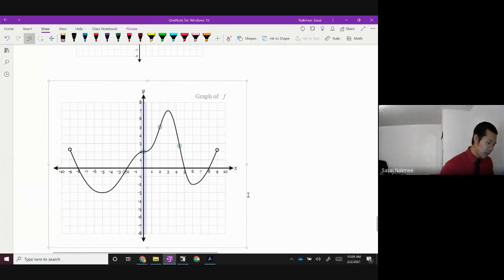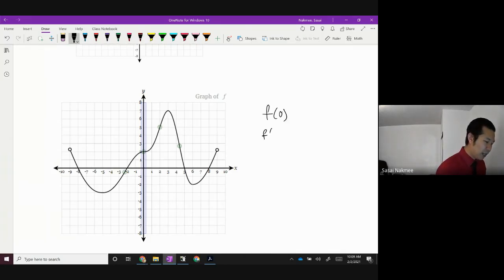This one was asking us to take a look at f of 0, f prime of 0, and f double prime of 0. They tell us that the green dots are points of inflection. So I have a green dot right at x equals 0, which means the second derivative at x equals 0 should equal 0, because it's a point of inflection.